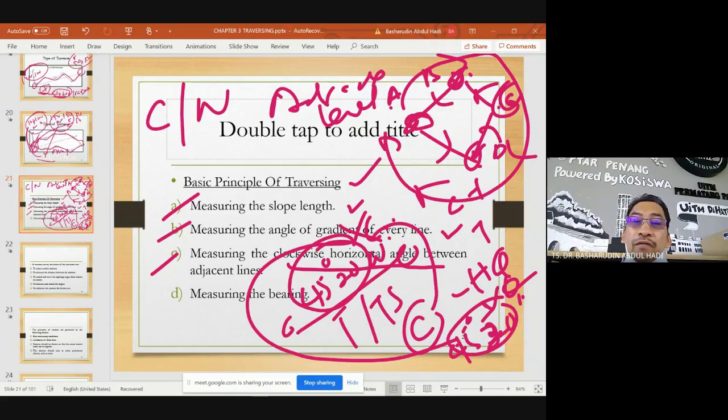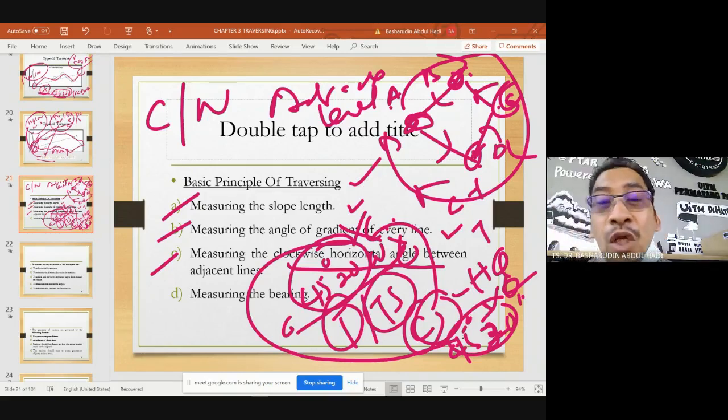We don't have seconds for a compass because the compass indicator is not digital like a total station or theodolite. Total station and theodolite can give you a very small reading, maybe around 20 seconds when it moves very smoothly in horizontal and vertical.